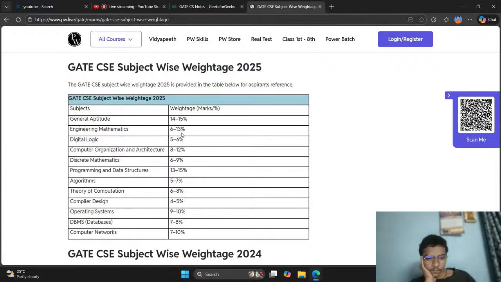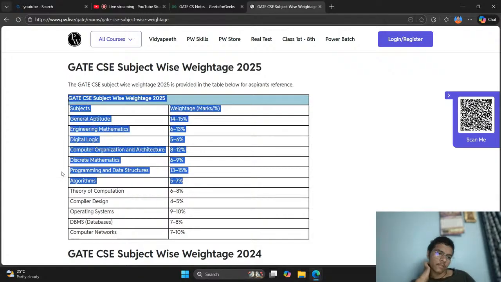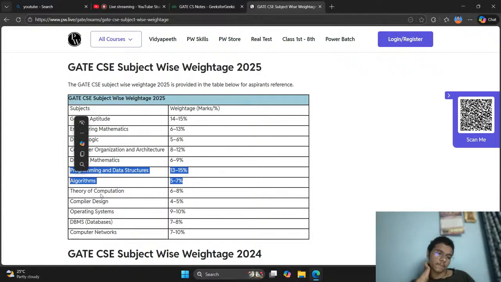So, from where should we start? The obvious choice would be programming and data structures, and then algorithms, and then OS and DBMS. Right?